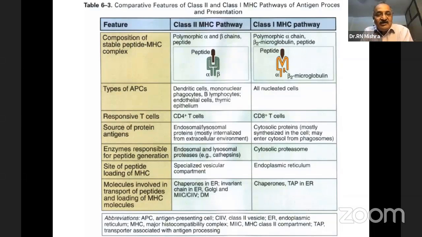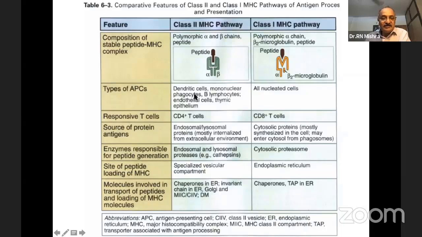Class 2 have a stable peptide MHC complex, and in class 1, the peptide fits in between the alpha 1 and beta chain. Here it is only one chain, so it is fitting with the alpha chain only. What are the types of antigen presenting cell?